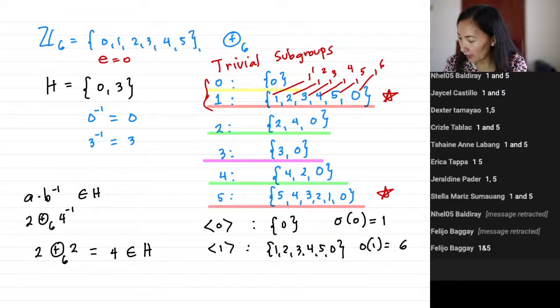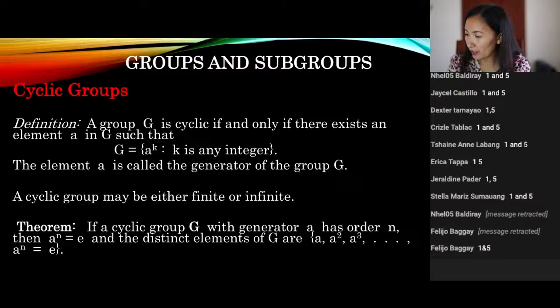Balikan natin si theorem. Medyo mabilis na tayo. Ayan. The theorem says, if a cyclic group with generator A has an order n, then A raised to n is equal to E. Okay? So, the group has an order n, A raised to n, 1 raised to 6.